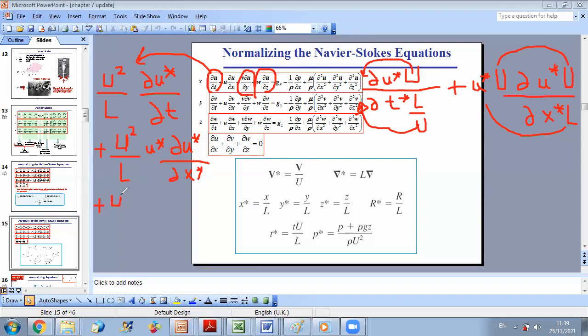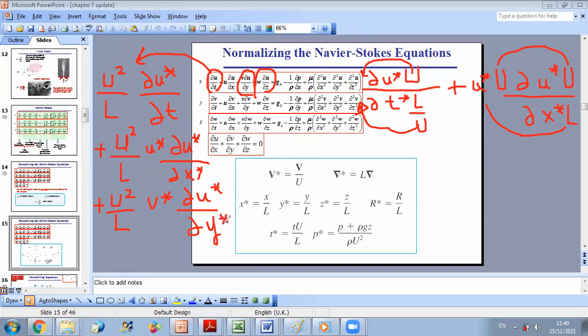So plus U square over L, but since you have V instead of U, you will get V star, times del. Here you have U, so it will remain U star. But now instead of X, you have Y, so you replace X star by Y star. So del U star by del Y star.